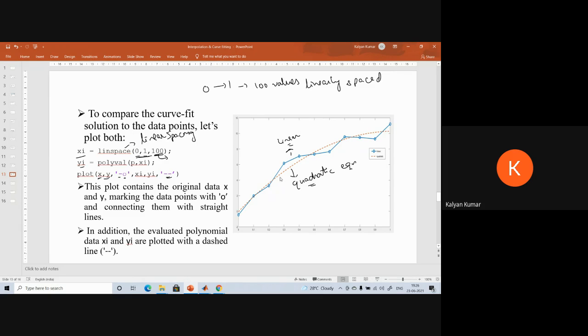Now, if you see, the smoothness of the curve has improved, but the curve is not passing through all the points. With curve fitting, it is not necessary that the curve passes through all the points, but it is going to give an approximate representation. So the smoothness of the curve is going to increase. There are some ups and downs, so it takes an average representation.